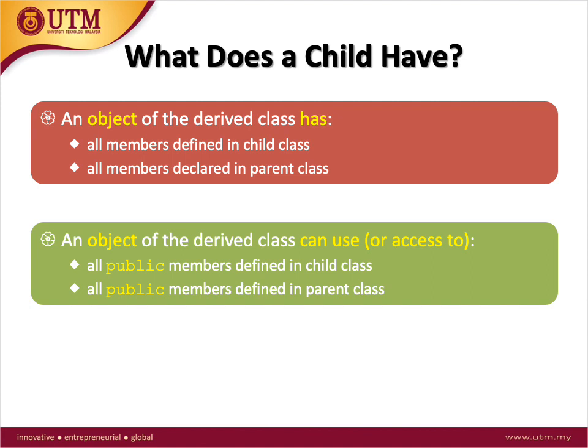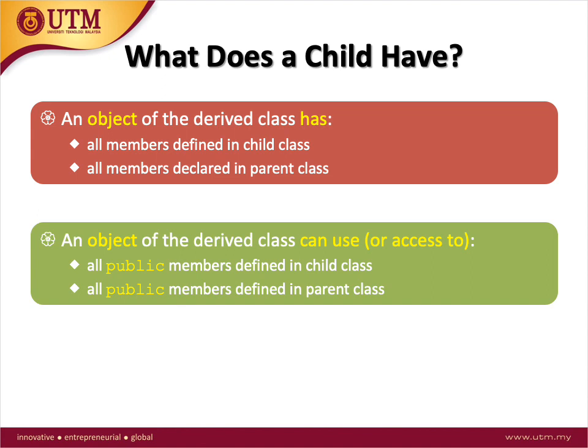But another thing is access: how can it be accessed? For example, an object of the derived class can access all public members defined in the child class and public members defined in the parent class.